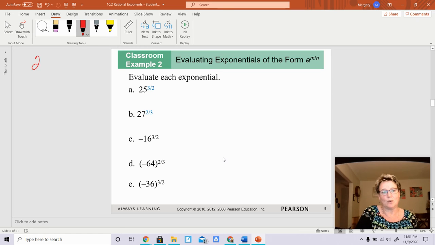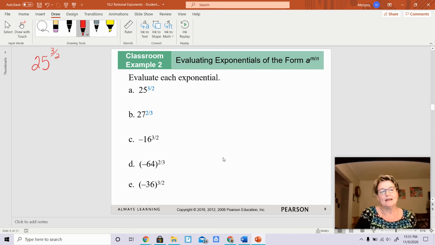You can take the 25 to the 3/2 power. The 3 is the exponent on the 25. The denominator is letting you know that it's a square root. So this is the square root of 25 cubed. All right, everybody, that's all that means.